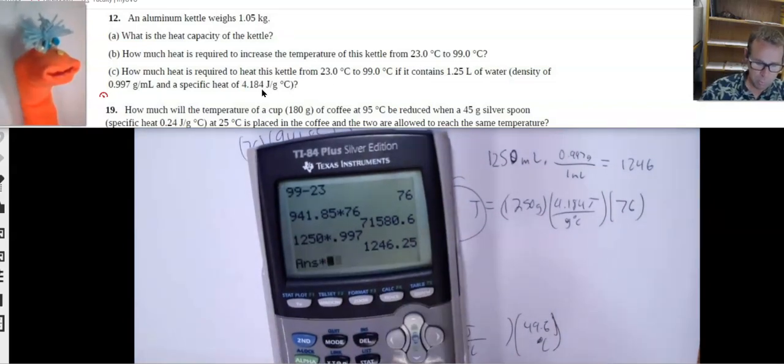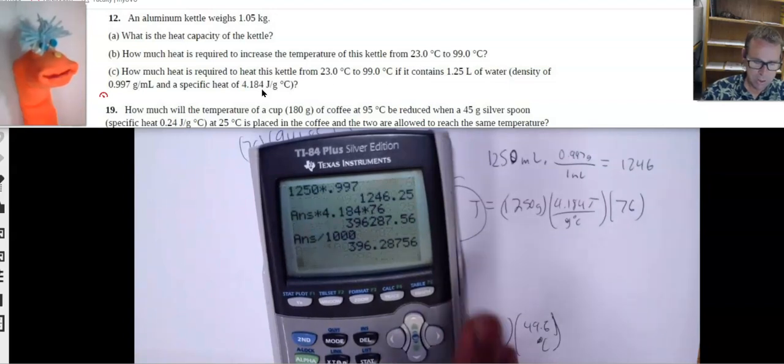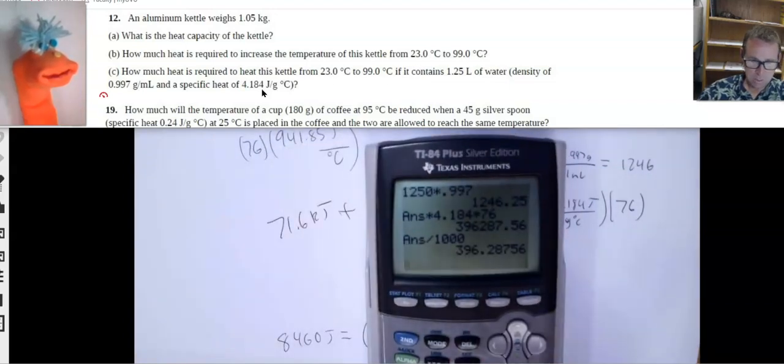So 1250 times 4.184 times 76. Did I do that right? 1250 times 4.184 times 76. Yep. Divided by 1,000 will get us into kilojoules. So 396 plus the 71.6.